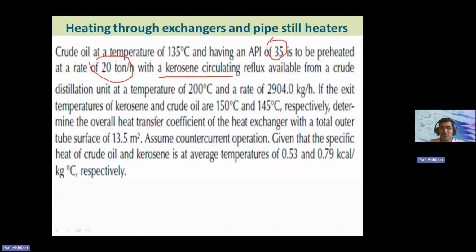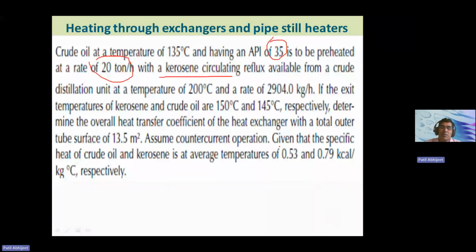If the exit temperatures of the kerosene and crude oil, the hot and cold fluids, are given as 150 degrees Celsius respectively, determine what will be the, with a total outer tube surface of 13.5 square meters and counter-current operation, and the specific heats of the crude oil and kerosene at average temperature are given as 0.53 and 0.79 kilocalorie per kg degree Celsius respectively.